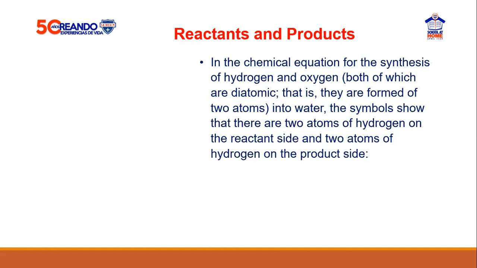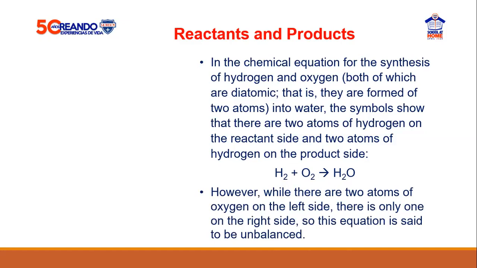So when you mix them into water, the symbols show that there are two atoms of hydrogen on the reactant side and two atoms of hydrogen on the product side. Okay, so now you have two, and you can see here on the formula, right?